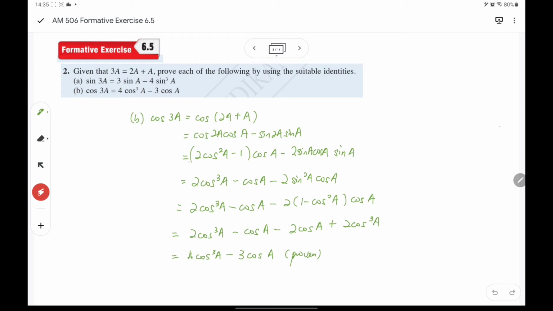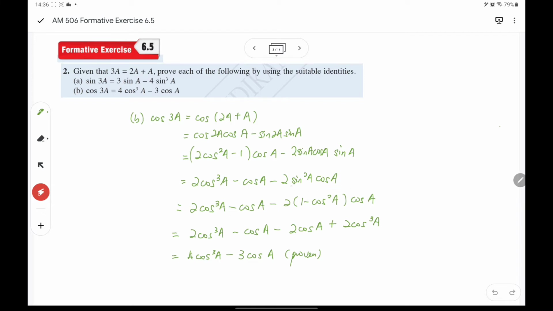So cosine 2A, we expand it with the cosine formula, 2 cosine square A minus 1 bracket cosine A minus 2 sine A cos A times another sine A. So expand the bracket, we have 2 cosine cube A minus cosine A minus 2 sine square A cosine A.